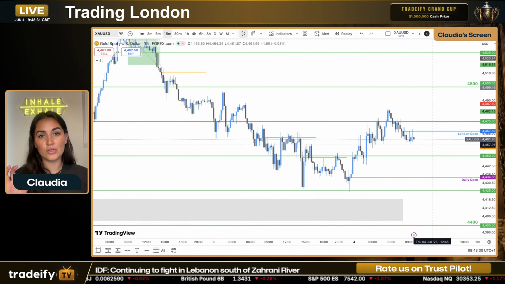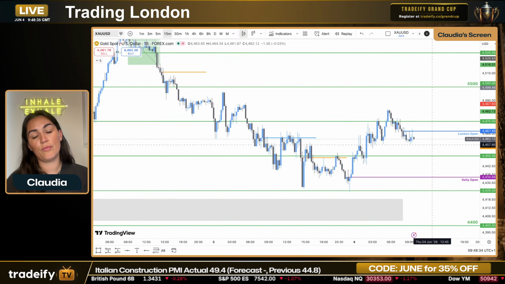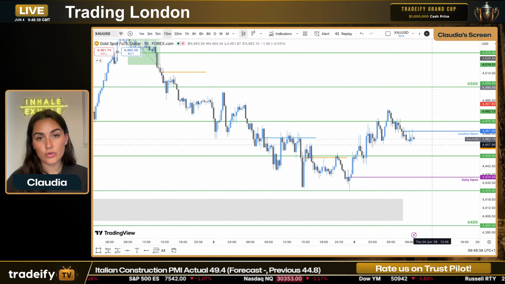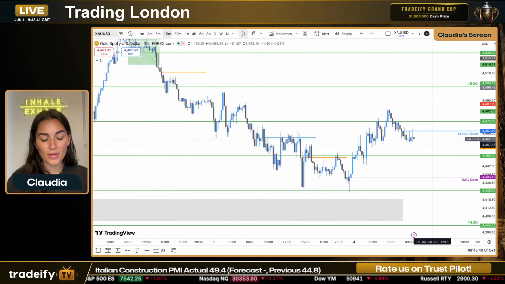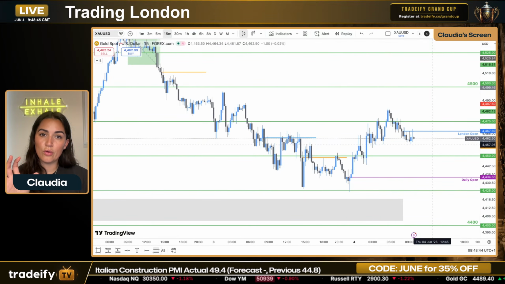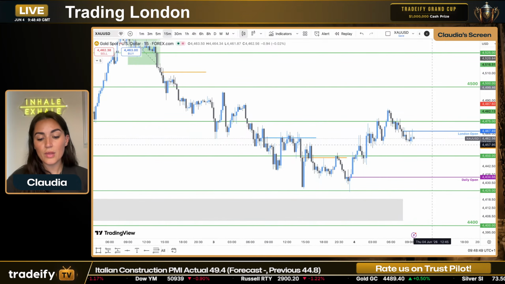Only give yourself room for 10 if you're extremely comfortable with price, the pair you're trading, the session you're trading, and your strategy and what rules you need to follow. If you're still on the beginner side of your trading journey, divide your overall loss limit by 20. That'll give you loads of room to play about.